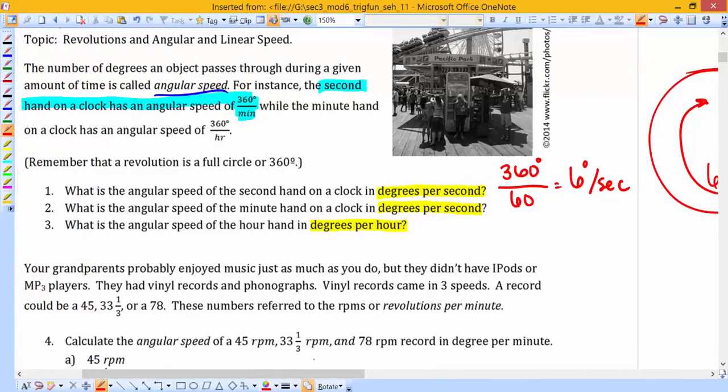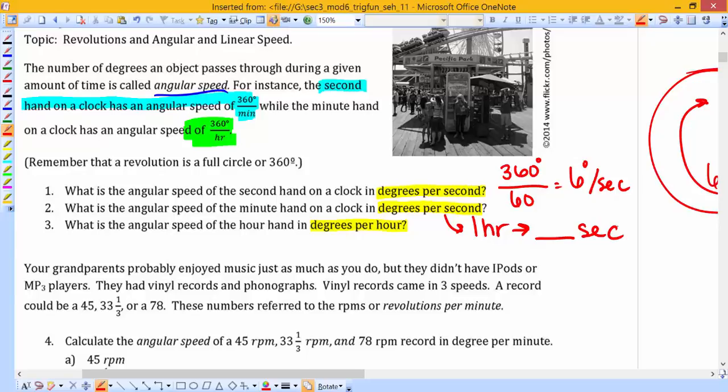You have a little bit more work to do for number 2. Now we're dealing with the minute hand, and the minute hand is 360 degrees per hour, because it takes a whole hour to go around. But since they want it in seconds, you need to convert 1 hour into seconds.